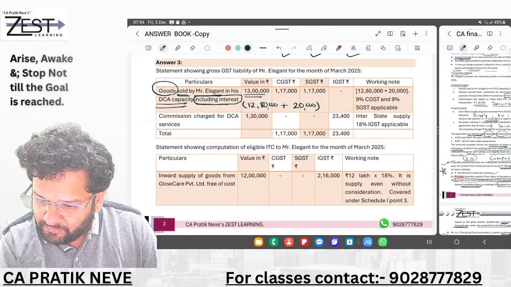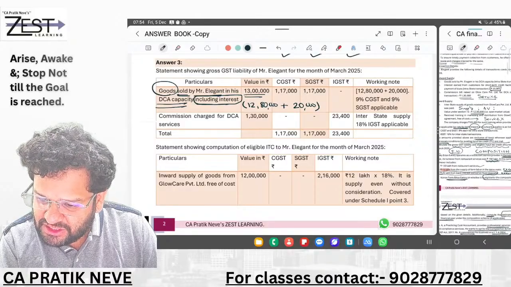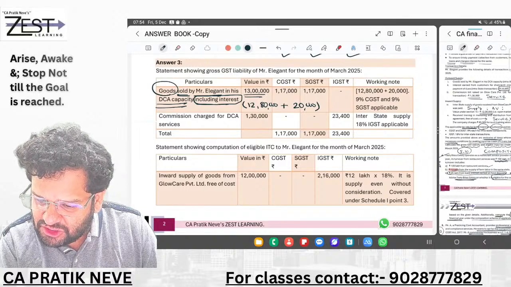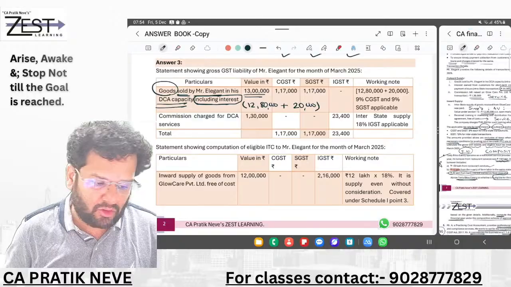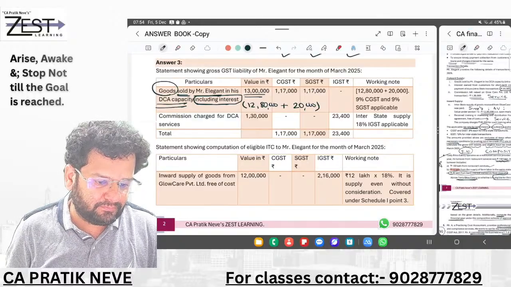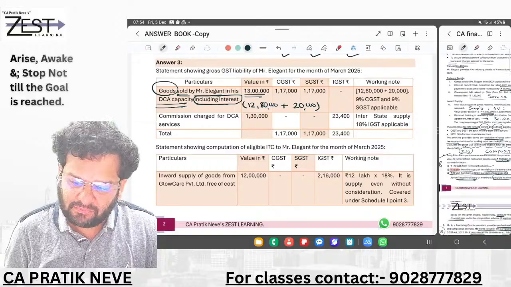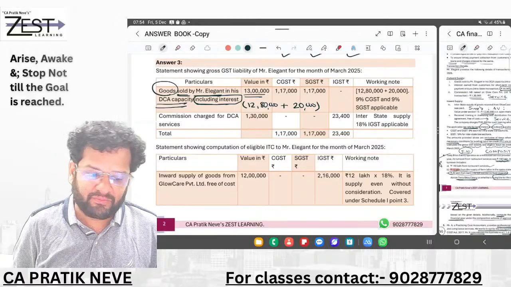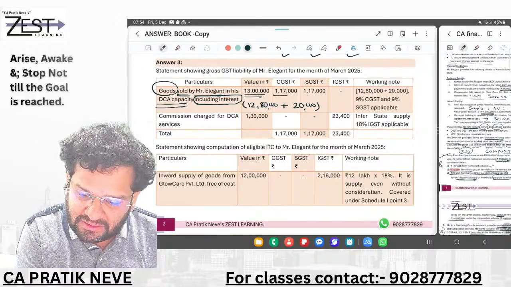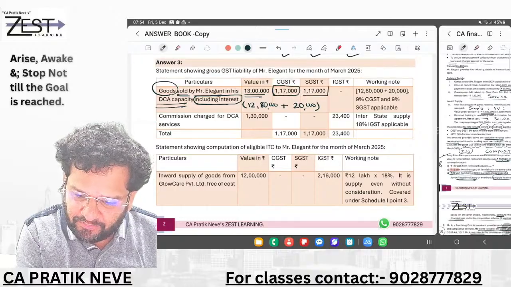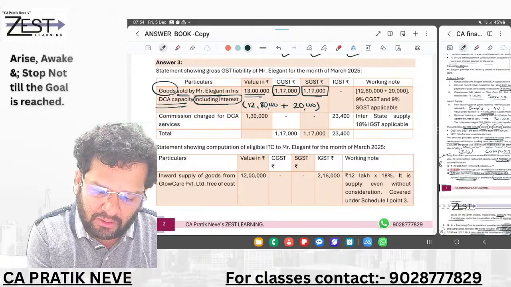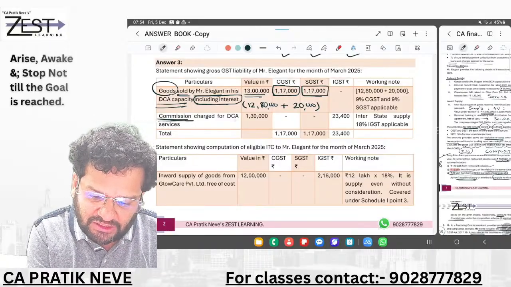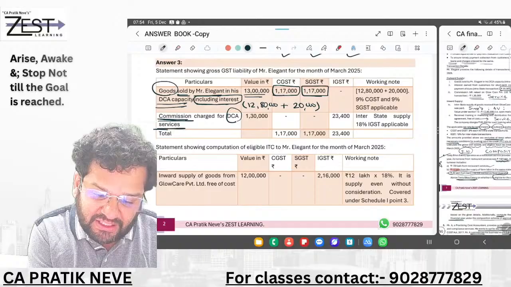Okay. See, it's given that applicable tax rate CGST, SGST at 9% each and IGST 18%. So on 13 lakhs, calculate at 9% each. You will get 1,17,000 CGST, 1,17,000 SGST. And now comes commission charged for DCA services.